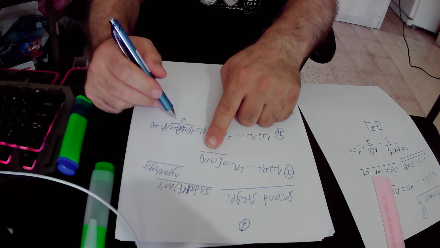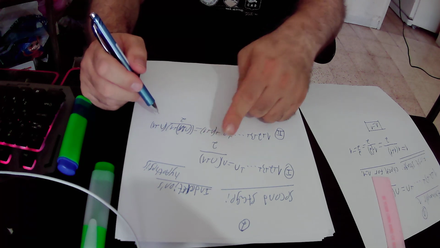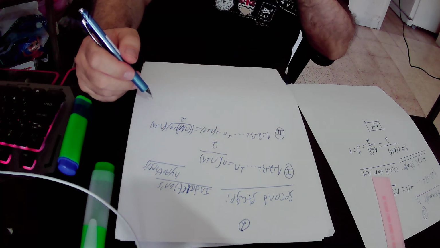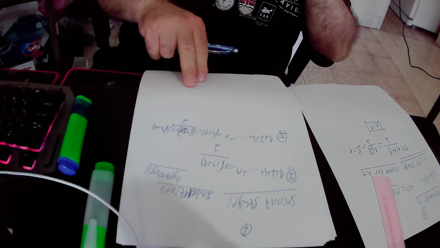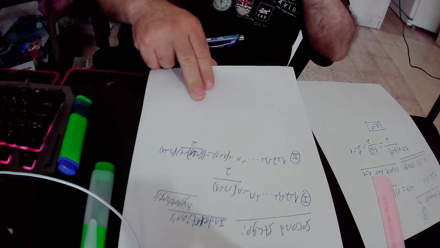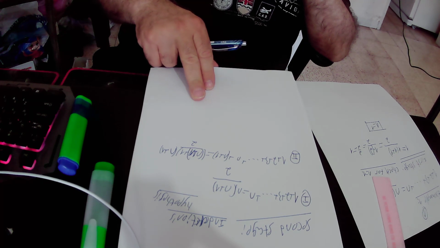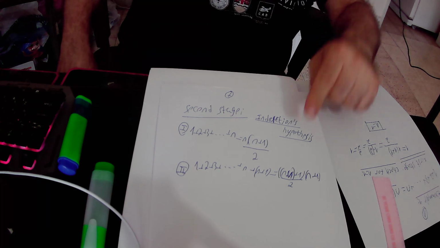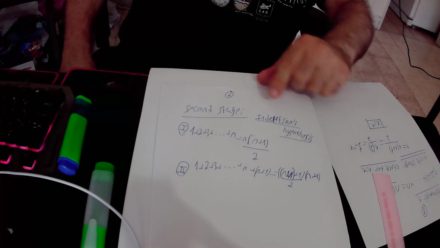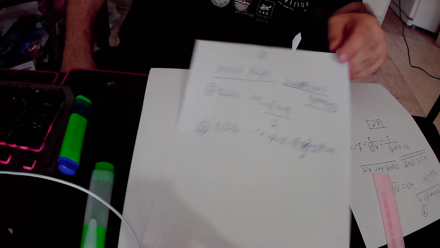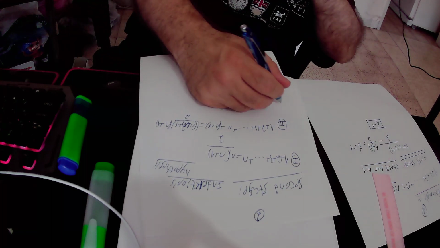Here is n plus 1, so it will be n plus 1 plus 1. Okay? So it is n plus 1 times n plus 1 plus 1, all divided by 2. So we know that n plus 1 plus 1 is n plus 2, so we will write it down.